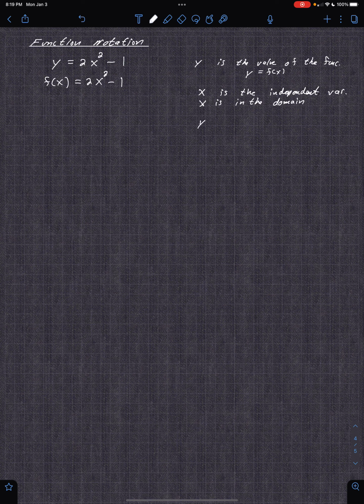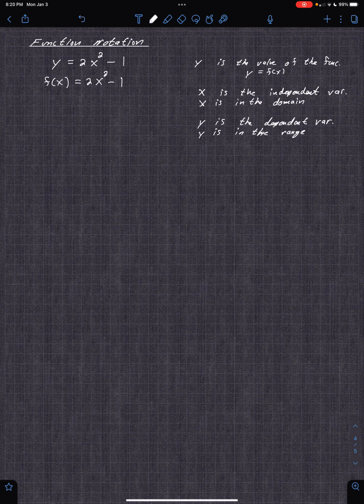Then y is the dependent variable, and y is in the range of the correspondence.